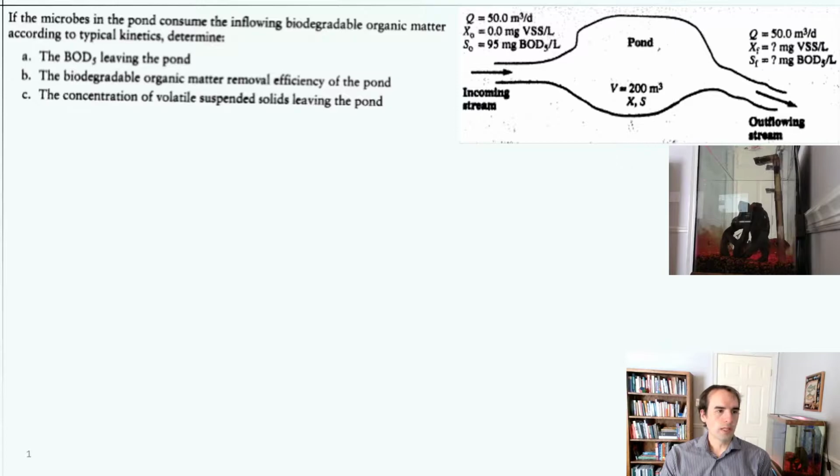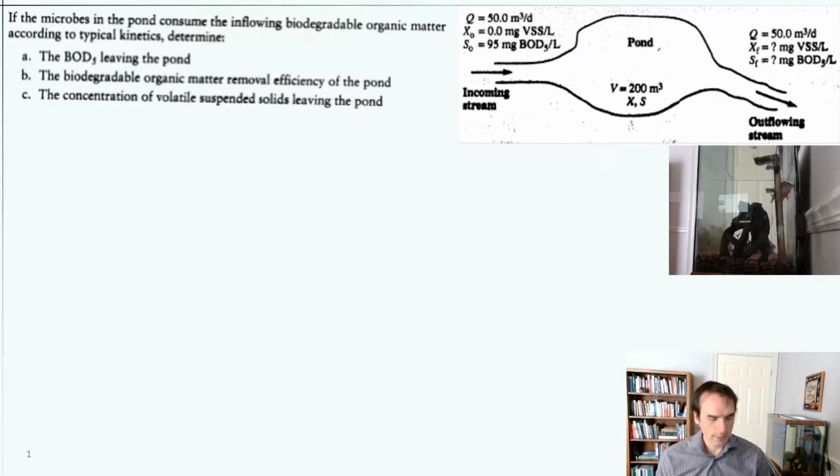After we do this problem, we'll take a look at the case where we have recycling of those bacteria to improve the influent concentration so that it's no longer zero. So this X naught right now is zero. We just have some in the pond and they grow, and to enhance that, we could recycle. That's going to be the topic for after we work this problem.